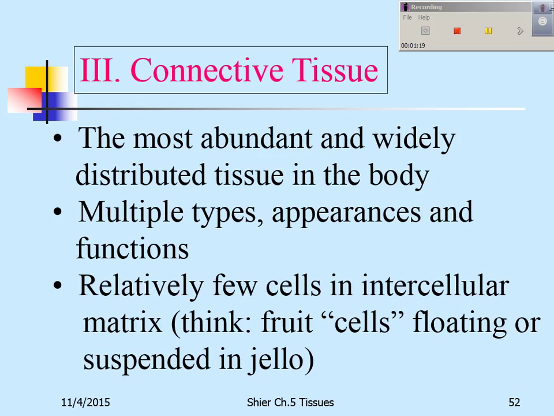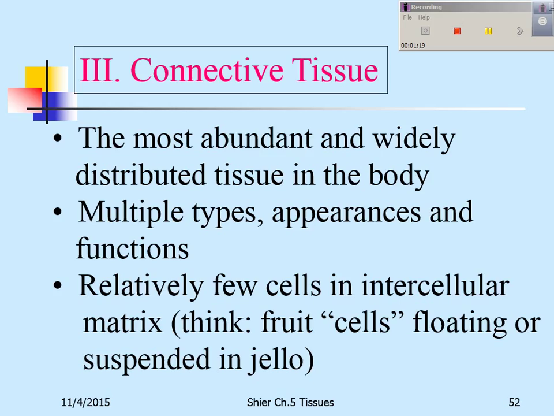We're going to find a lot of that fluid or gel-like substance or solid substance within connective tissue, versus epithelial tissue having very little intercellular matrix in between the cells, so that those cells are crammed together and there's tons of them, versus very few in connective tissue.